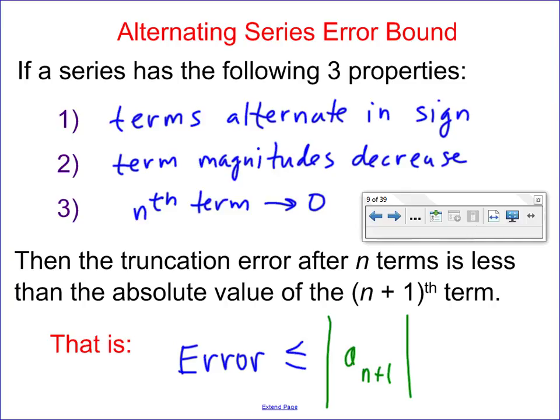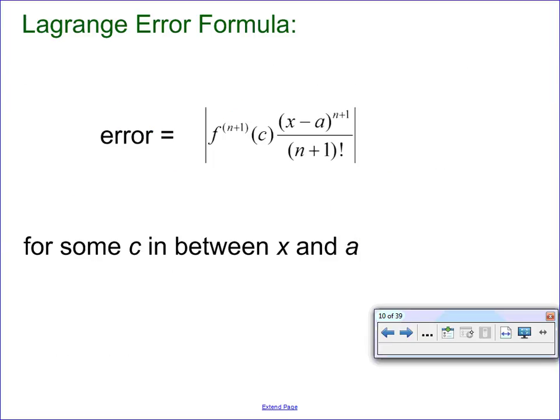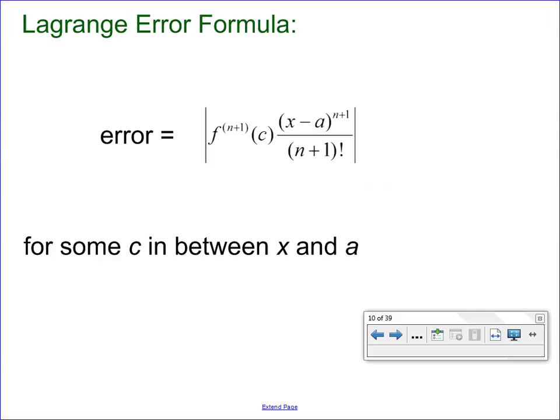Okay, so basically that was all for Sydney. You're welcome. That's what we did last time. So we developed a way where we could bound the error from our Taylor polynomial approximation. And now we're going to go ahead and move forward. So here's our error. It's given exactly by the n plus first derivative evaluated at x equals c for some c in between x and a, and then the magnitude of the next term.